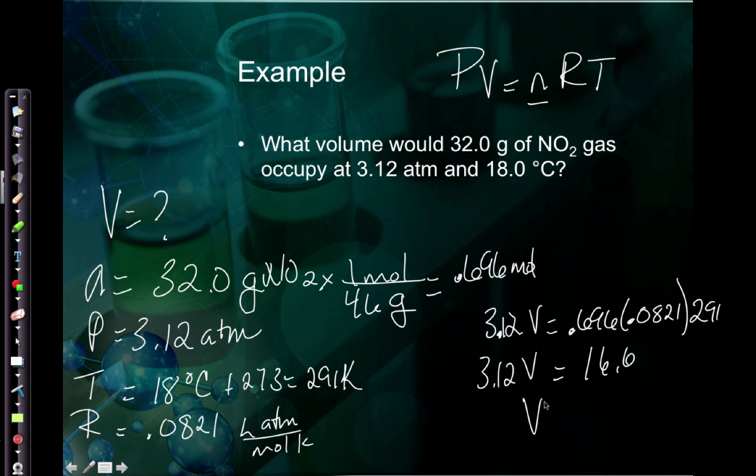Then divide it out, and you're going to get 5.33 liters. And you're going to keep it at 3 sig figs because you've got 3 sig figs in all your measurements. All right, so remember, if nothing changes with the gas, you're going to use this. And if something changes, you use the combined gas law.